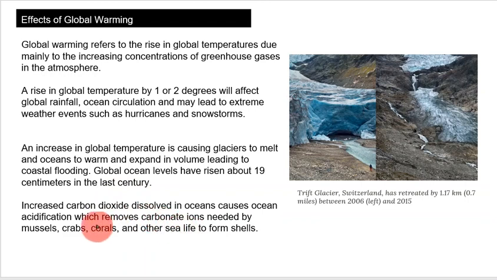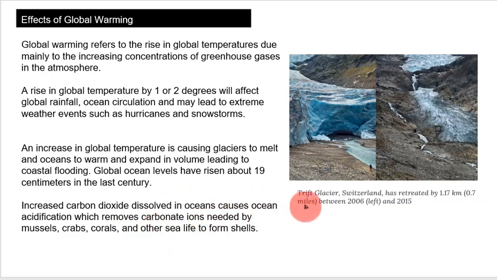This affects the carbonate ions that animals like mussels, crabs, and other sea life need to produce their shells, and as a result, whole coral reefs can start to die off. That has a massive impact, because 50% of our oxygen comes from the sea. So if you're messing with the chemistry of the sea and killing the organisms in it, that will directly impact us as well.